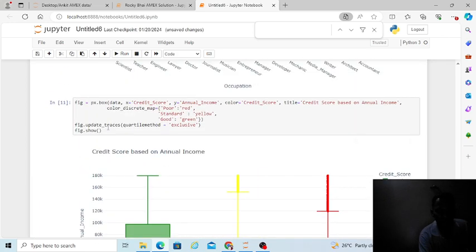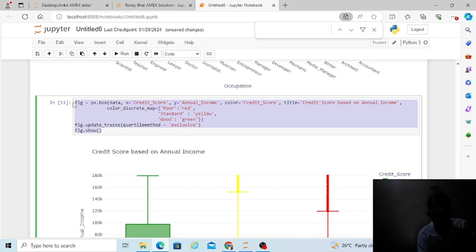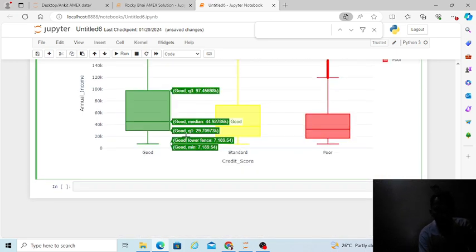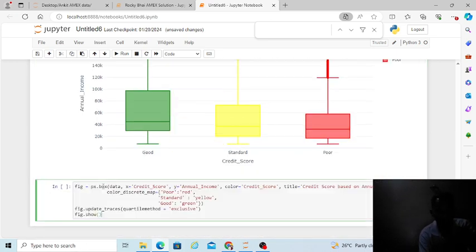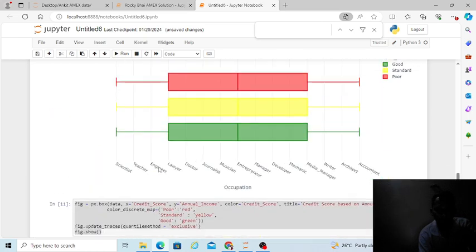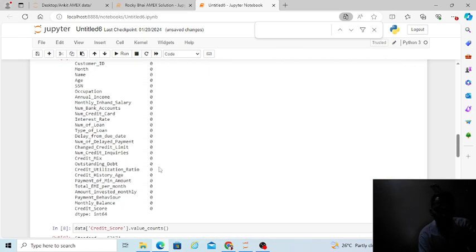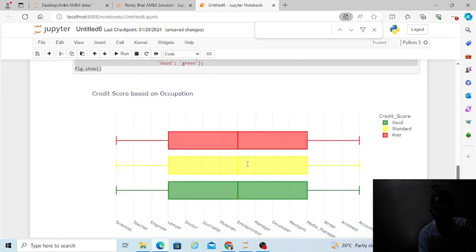And now we will check data visualization for another column, that is monthly in-hand salary.